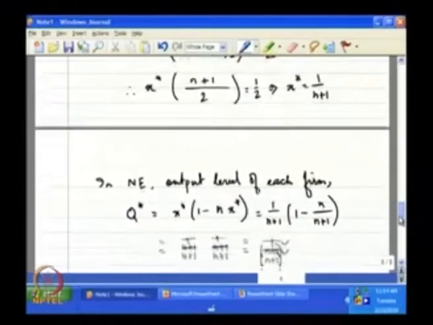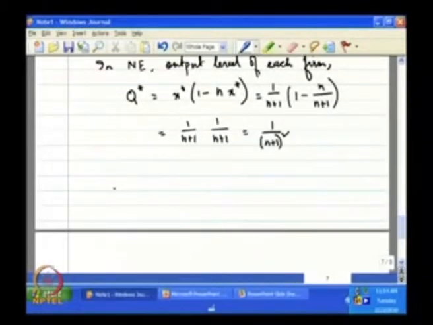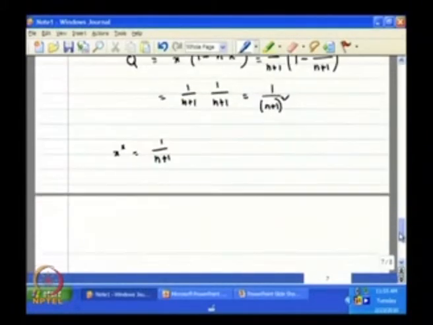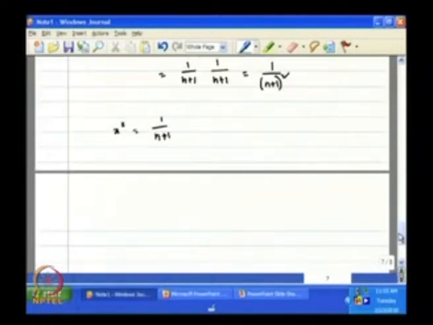We can take the following. Here what we have is x star, the resource used by each firm, given by 1 divided by n plus 1.